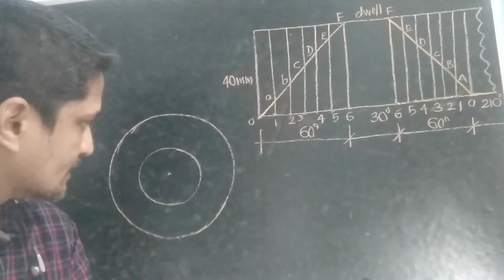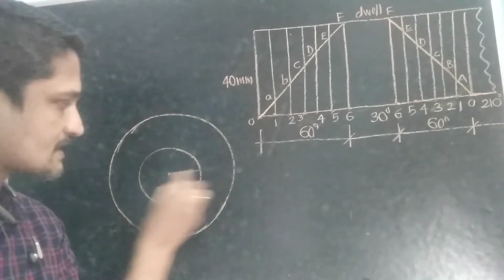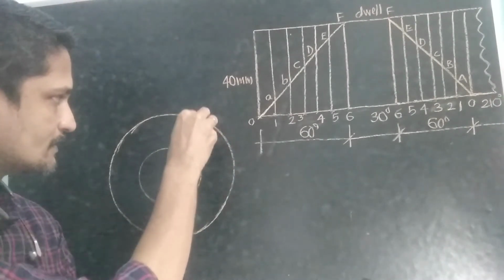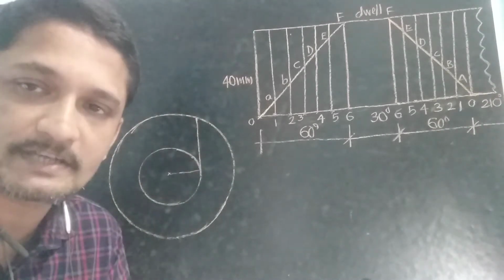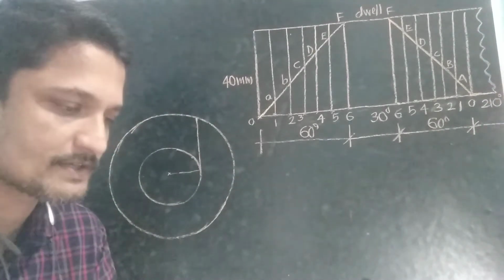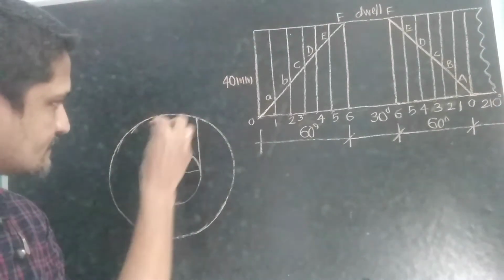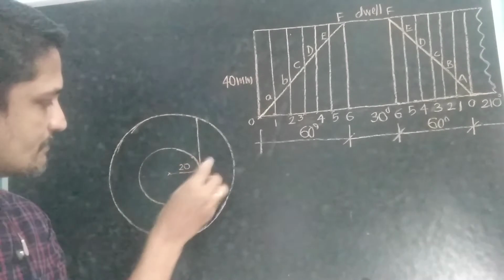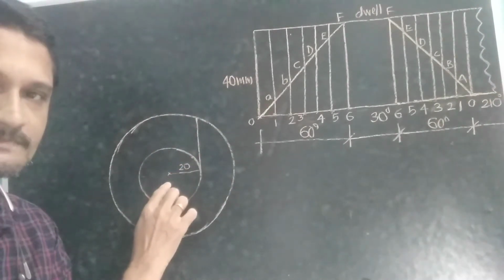Then next, draw a horizontal construction line. Then we have to draw the initial position of the knife edge follower. That initial position is offset by 20 mm, at a distance of 20 mm away from the camshaft.